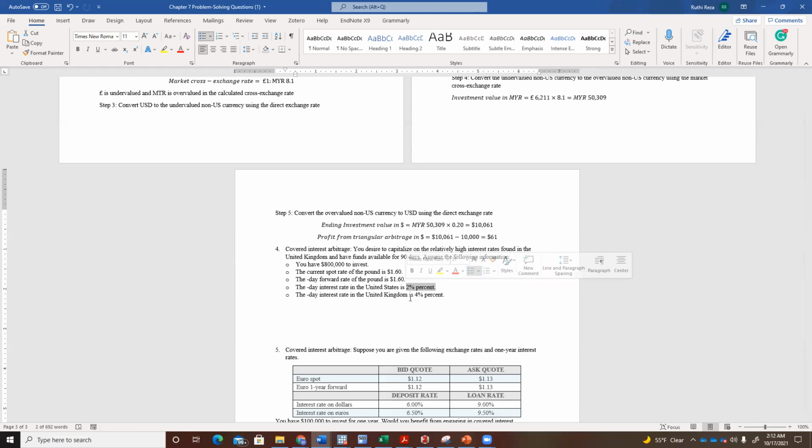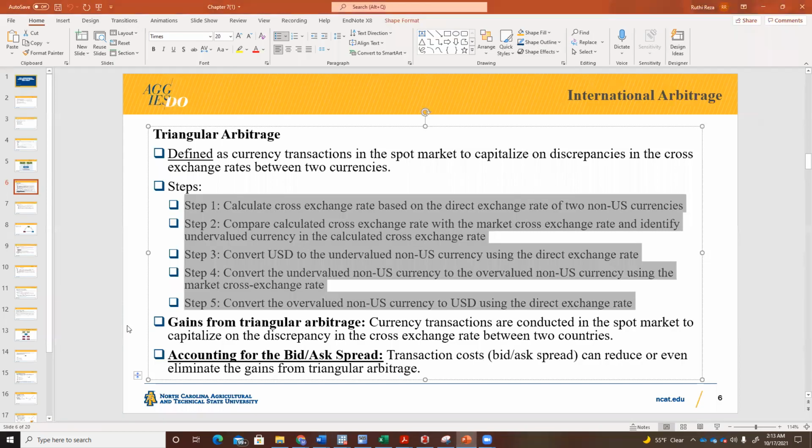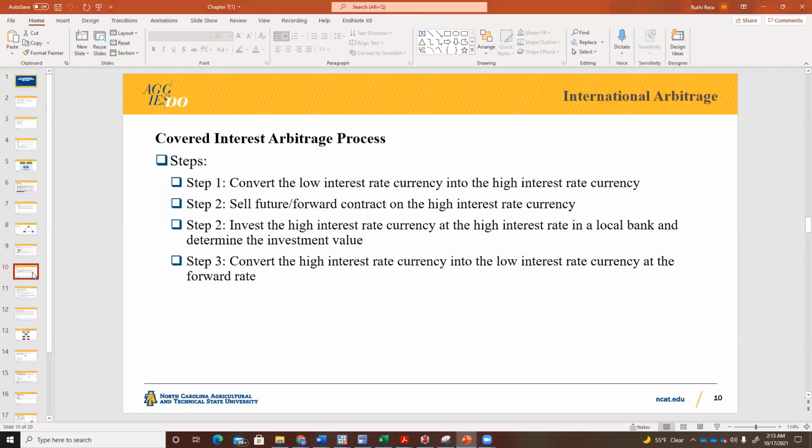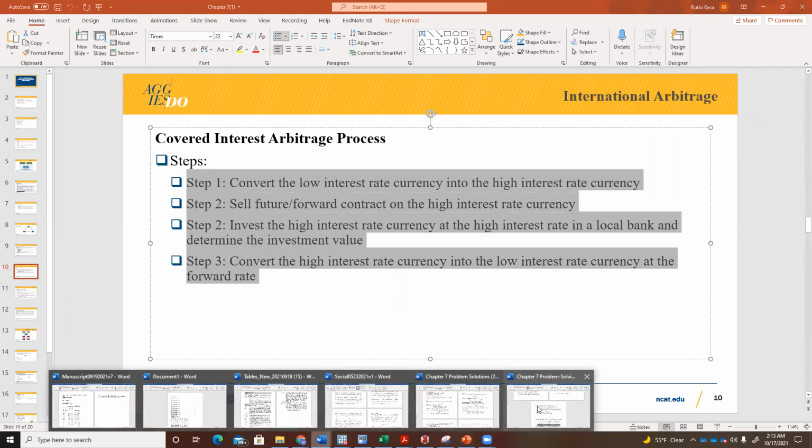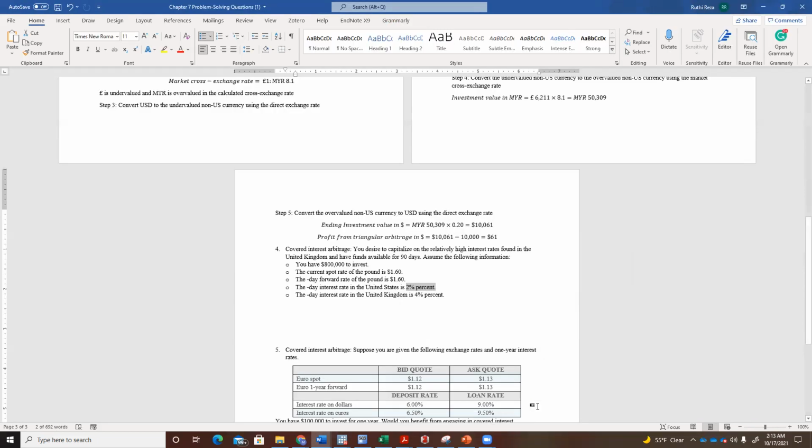So, of course, a foreign country for a US person is offering higher interest rate. So that US person may be tempted to make profit from covered interest arbitrage. All right. So to calculate profit, these are the steps we are going to follow to see if we indeed have any profit potential from here.